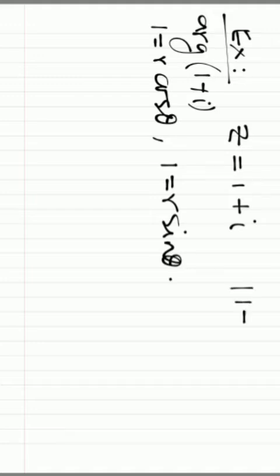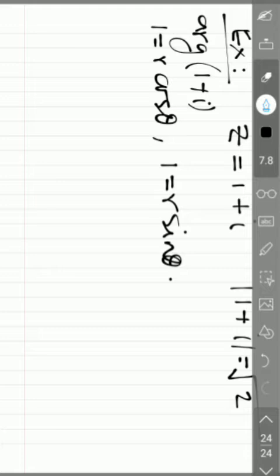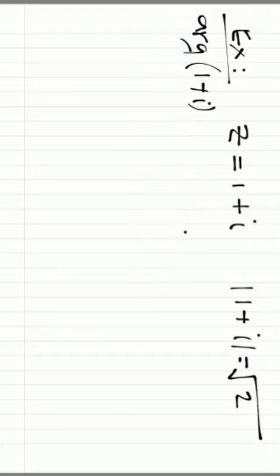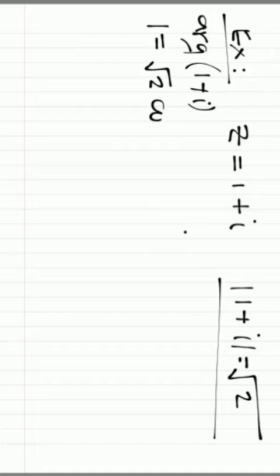Now first we will find the modulus, and you can easily see that it is root 2. So basically we can write these equations like this. You better first find the modulus and then write. The real part 1 can be written as root 2 cos theta, and the imaginary part 1 can be written as root 2 sine theta.